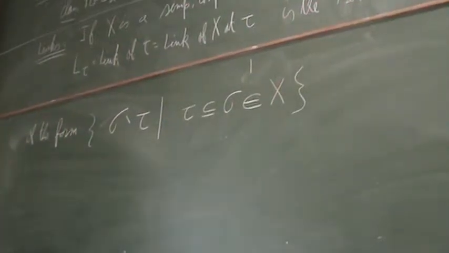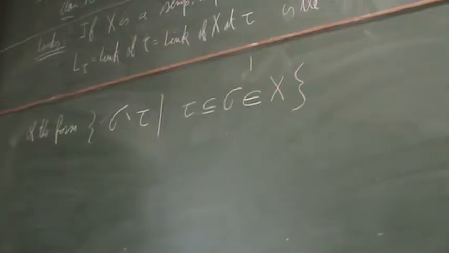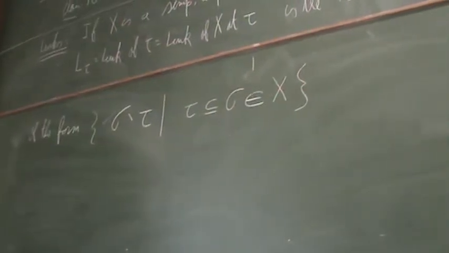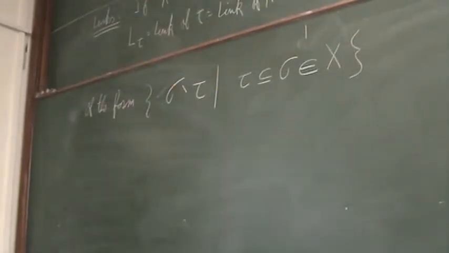This looks a bit strange at the moment, but you'll see that it's something very natural and very intuitive. What is a simplicial complex for us? We are taking a very formal definition. It's a collection of subsets of some set of vertices.